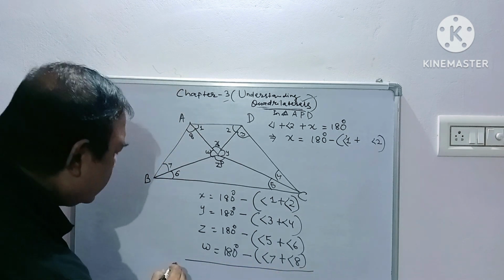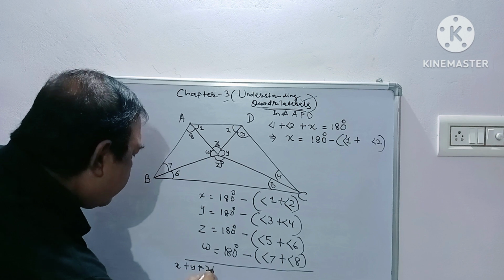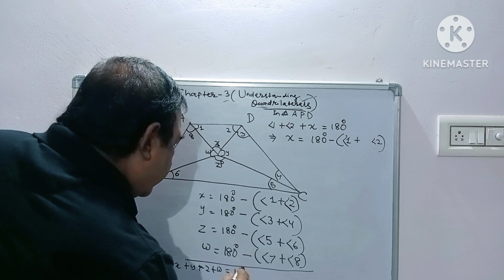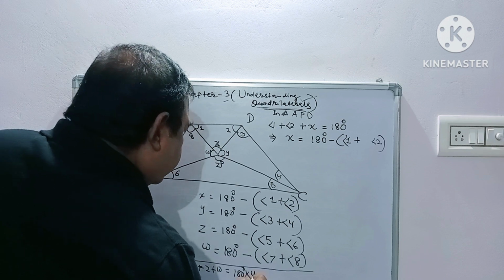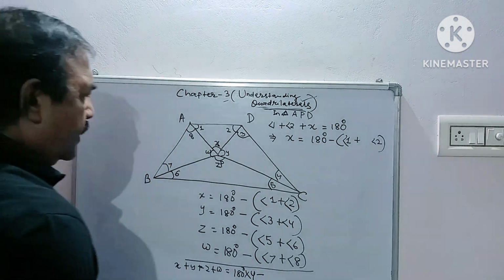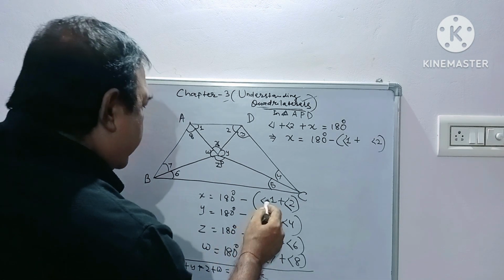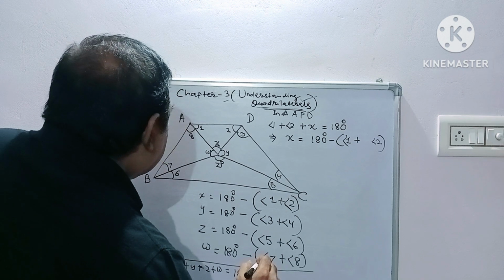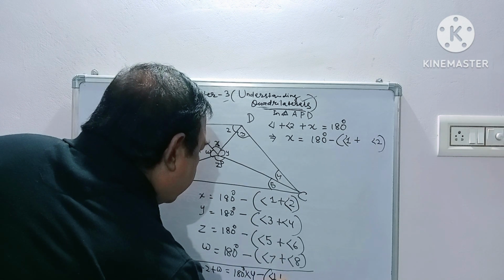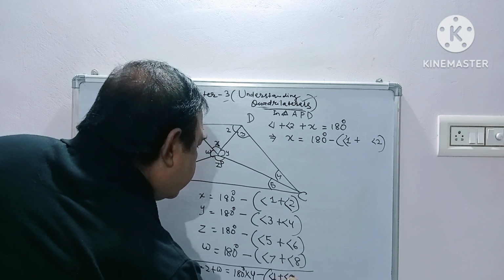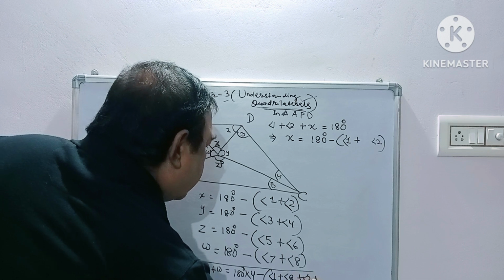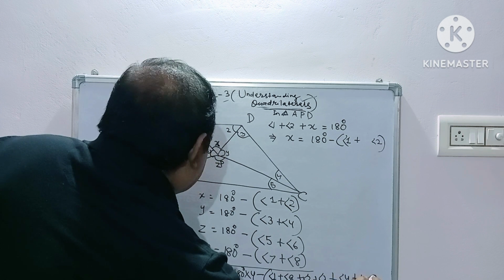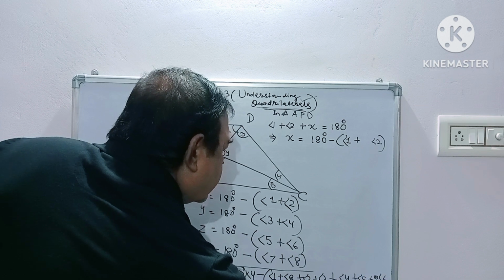And we will add, so you see x plus y plus z plus w, that is equal to 180 plus 180 plus 180 degree plus 180 degree, that is 180 degree into 4, minus, okay, so minus of this, minus of this, we'll add all these, you see, angle 1 plus angle 8 plus angle 2 plus angle 3 plus angle 4 plus angle 5 plus angle 6 plus angle 7.